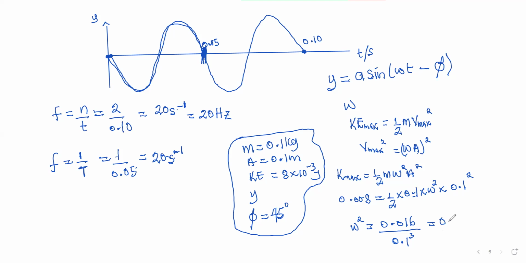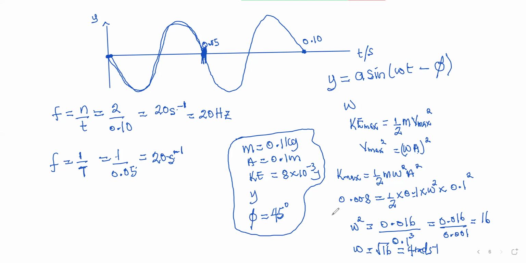So 0.016 divided by 0.001 gives us 16. Therefore, omega is equal to the square root of 16, which is 4 radian per second.